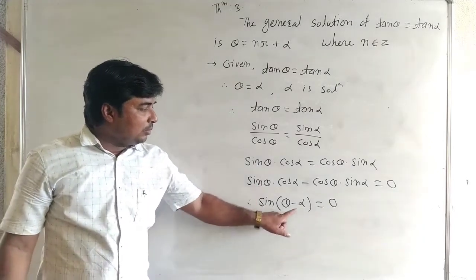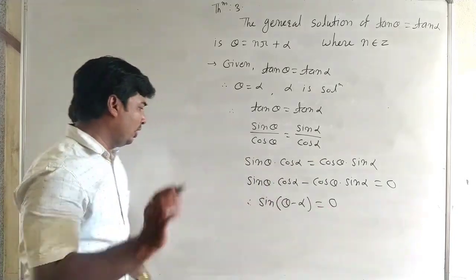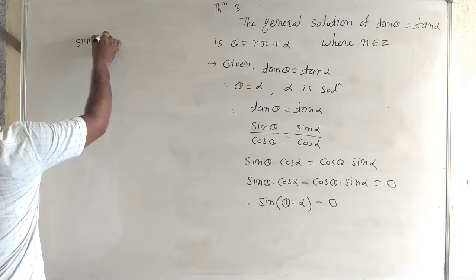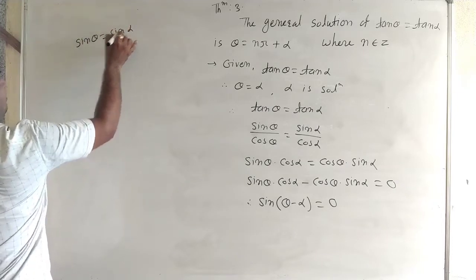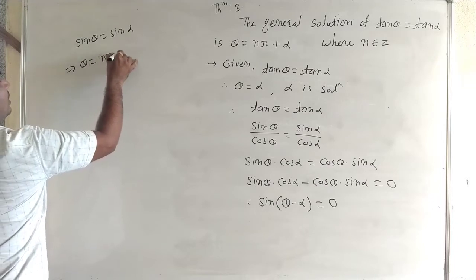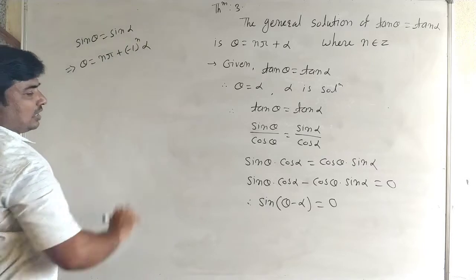It is sin A minus B, sin A cos B minus cos A sin B, and it is equal to 0. Now here we know that sin theta is equal to sin alpha gives theta is equal to n pi plus minus 1 to the power n into alpha.